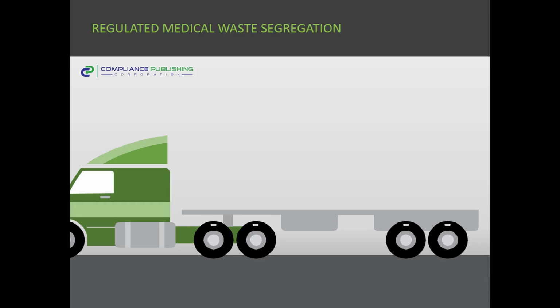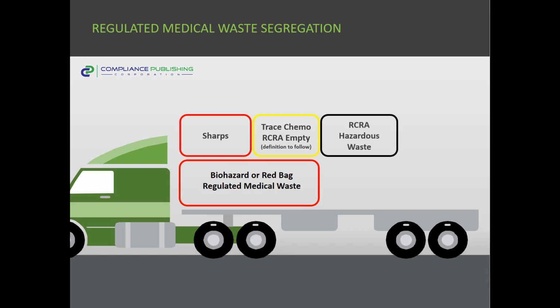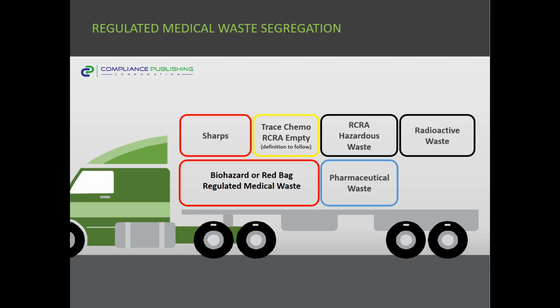The following are the current categories of regulated medical waste: Sharps, biohazard or red bag regulated medical waste, trace chemo or RCRA empty, RCRA hazardous waste, pharmaceutical waste, radioactive waste, municipal solid waste or regular trash.